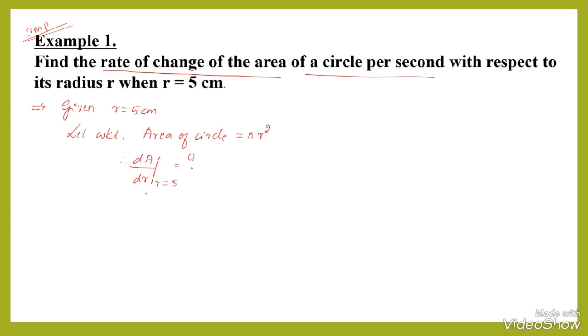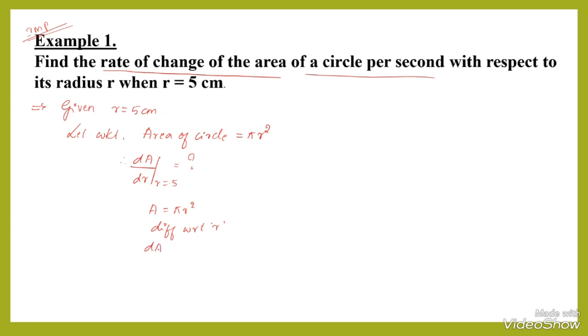First I consider the area, that is, area equals pi r square. Differentiate with respect to radius, that is, with respect to r only, because here the area is pi r square, the square of the radius.